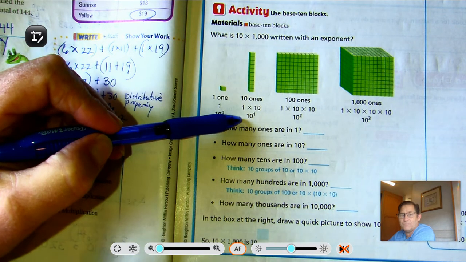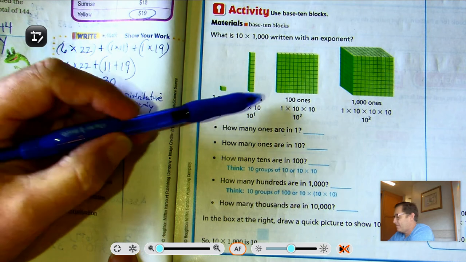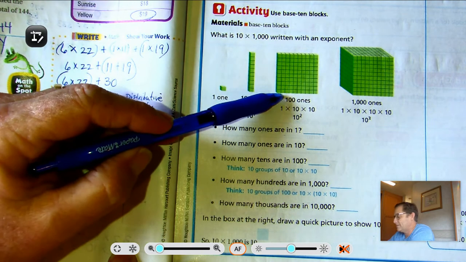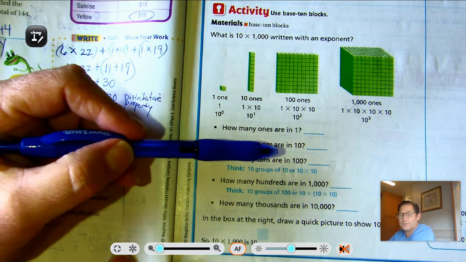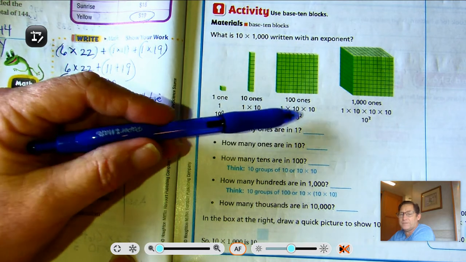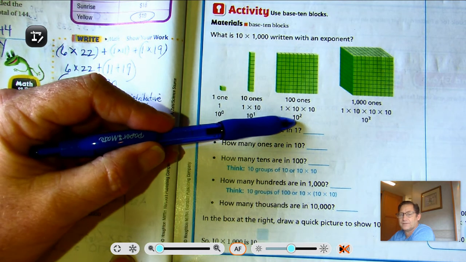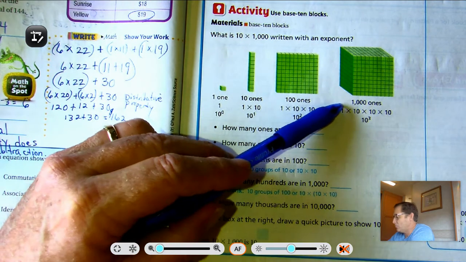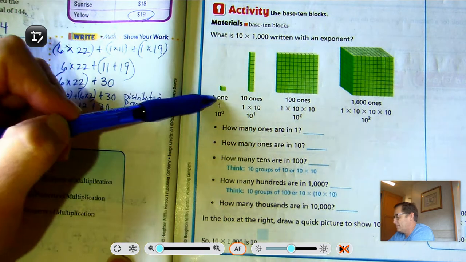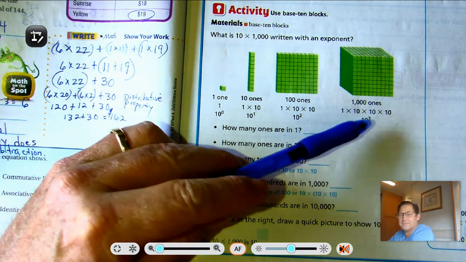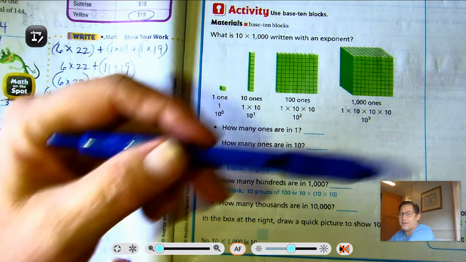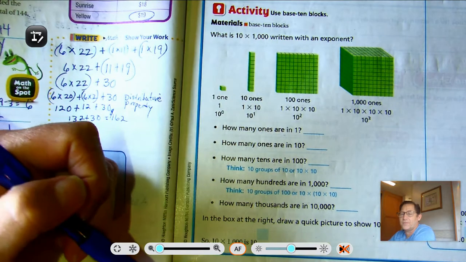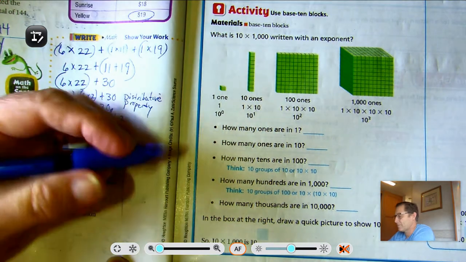If we have 100 ones, we would have 1 times 10 times 10, or the second power of 10. If we had 1,000 ones, it would be 1 times 10 times 10 times 10, or 10 to the third power, or the third power of 10.